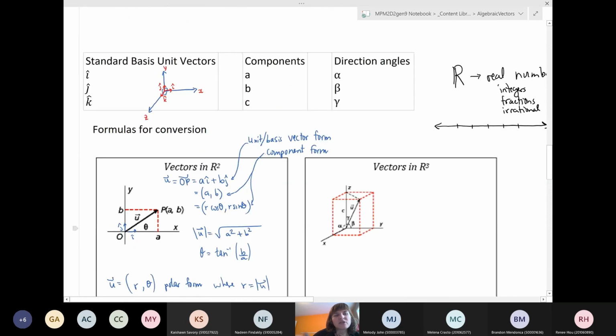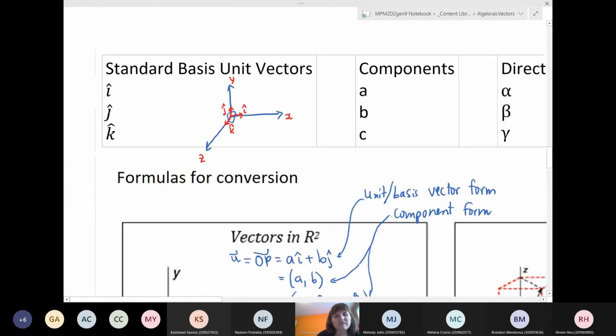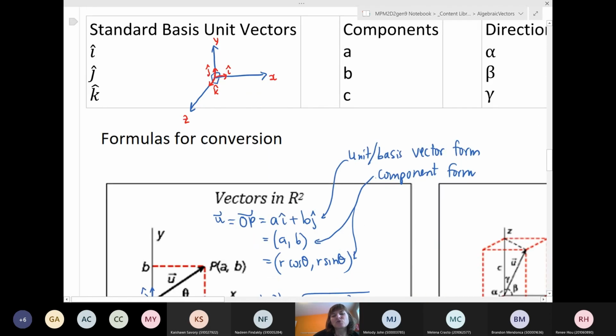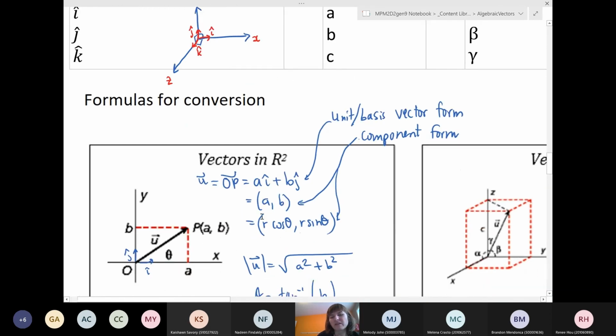And the convention is to use these specific letters of the alphabet, I, J, K, for the basis vectors that are in the directions of the X, Y, Z axes. We usually use letters A, B, C to represent the actual component values. So in the formulas, because I don't want to say this has to be a 5 or that's a 6, I want to use general letters.